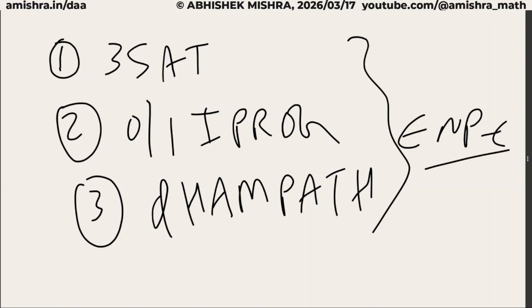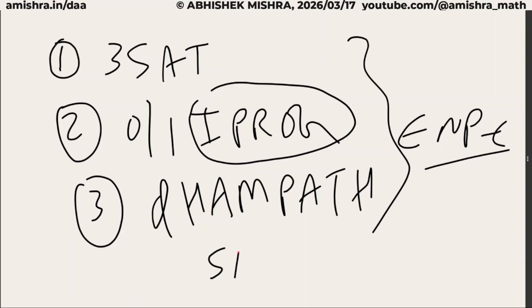0-1 integer programming is just a short name. For each of them I will explain their definition and how they are proved. For all 3 we use a reduction from SAT. So SAT reduces in polynomial time to the given language, call it Li.